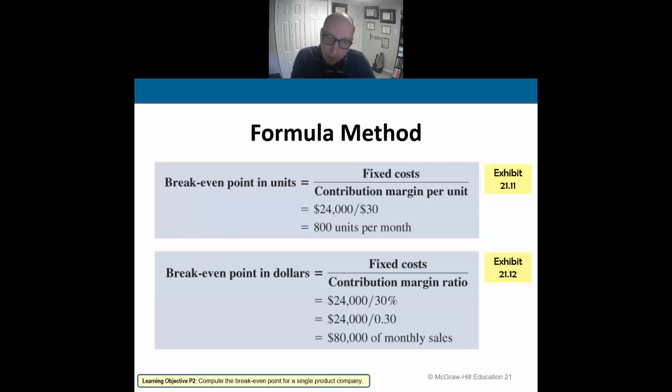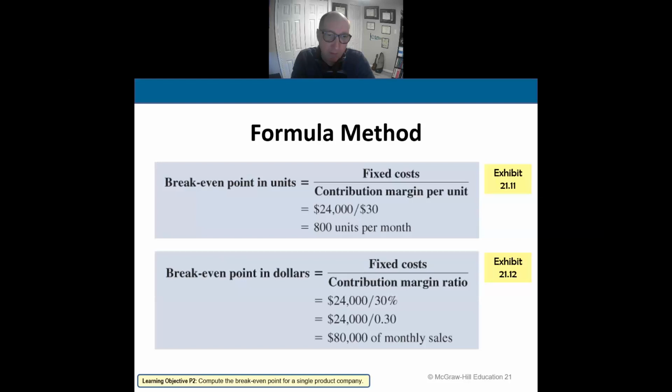Remember, the contribution margin ratio is when we take the contribution margin per unit divided by the sales price per unit.